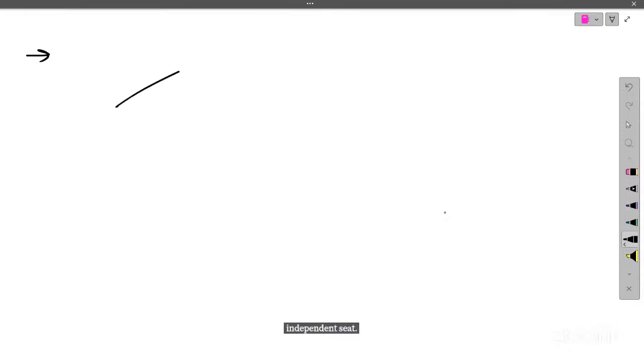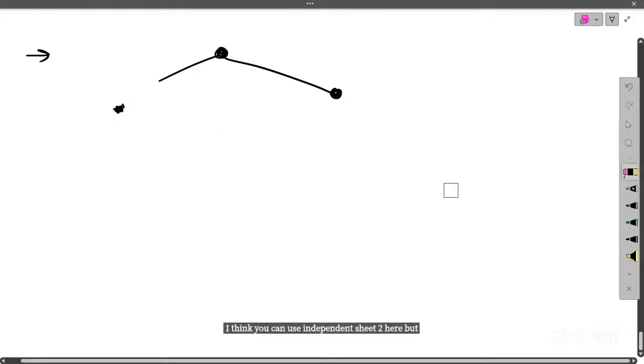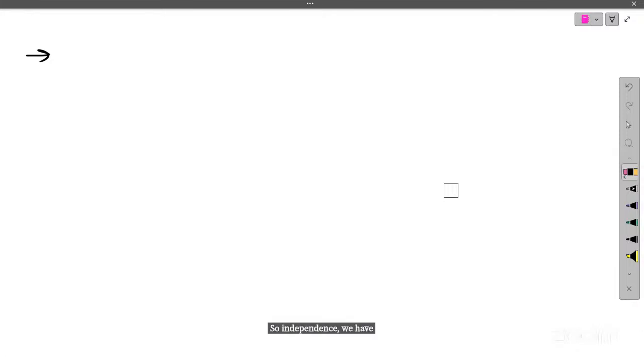Independent set, why can you not use it? Suppose these are the 3 sessions. Independent set means if 2 vertices are not adjacent, then we have to take them. I think you can use independent set here, but there is a problem. With independent set, we have to take the maximum independent set, right?